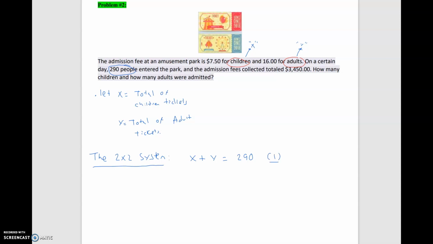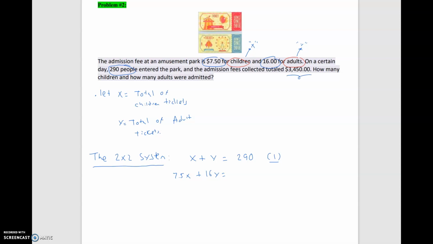The second equation, we could set up in terms of the cost of the tickets. The children tickets cost 7.5, so I'll say 7.5x plus, and the adult tickets cost 16, so 16y, is equal to, and the only information that we have is the total amount for the fees that were collected.